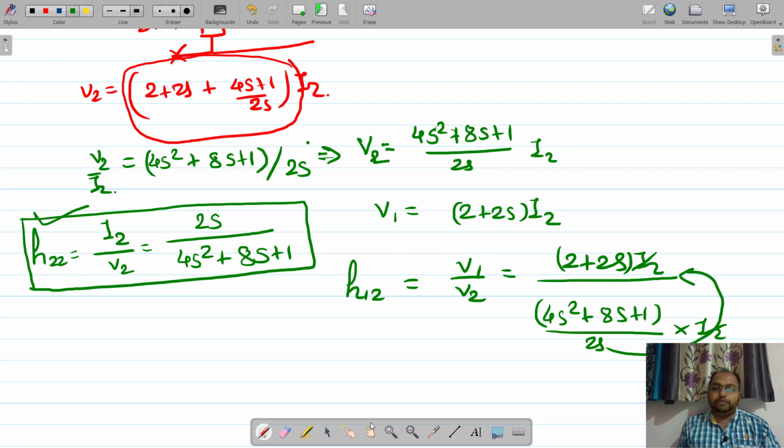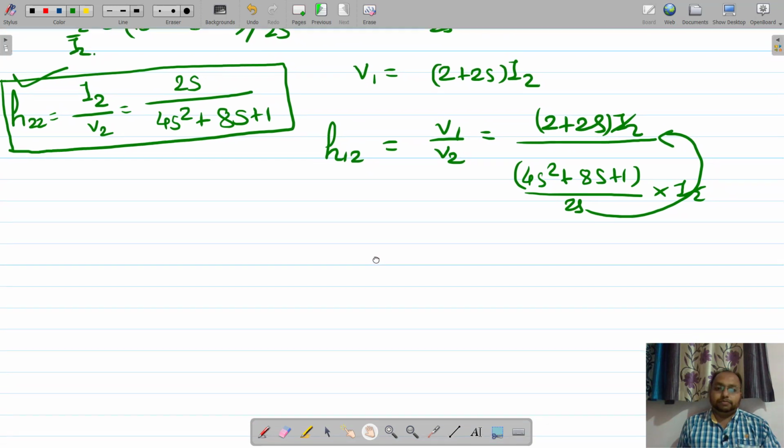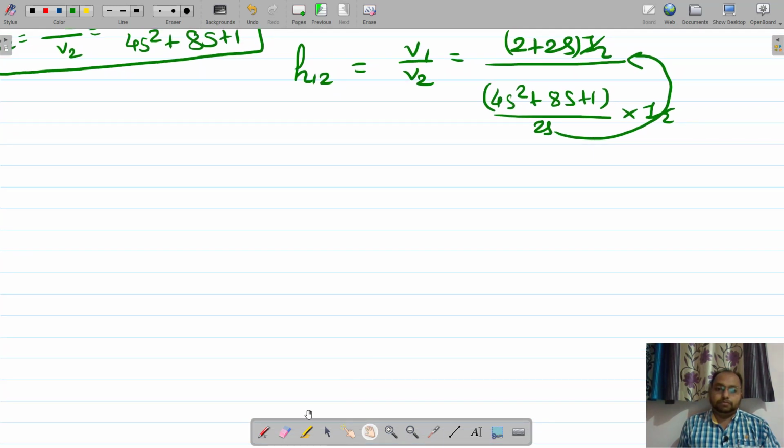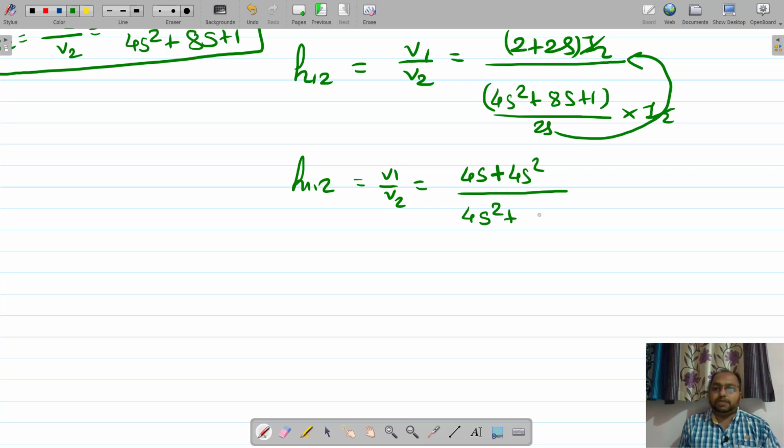So h12 is equal to V1 by V2, and multiplying 2s to that 2 plus 2s, it becomes 4s plus 4s square divided by the remaining term 4s square plus 8s plus 1.